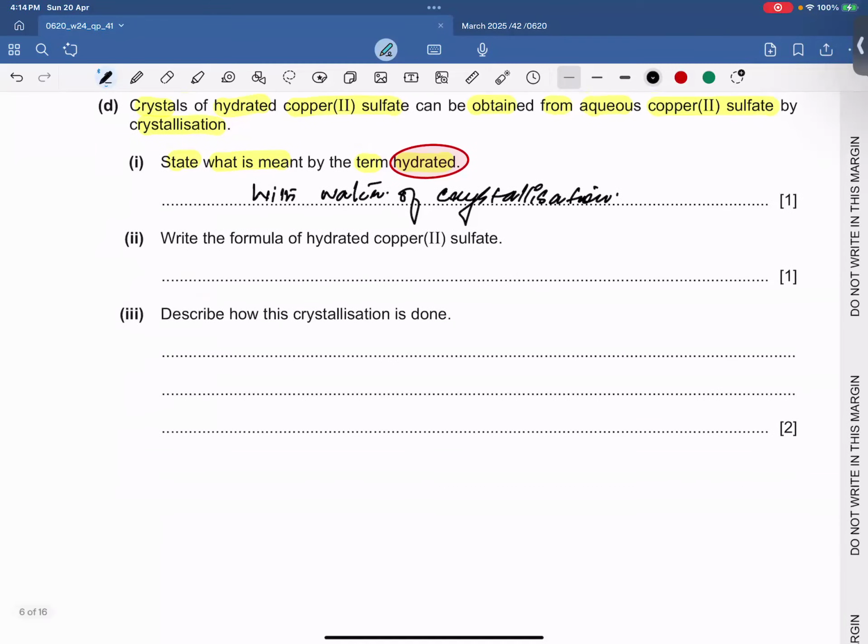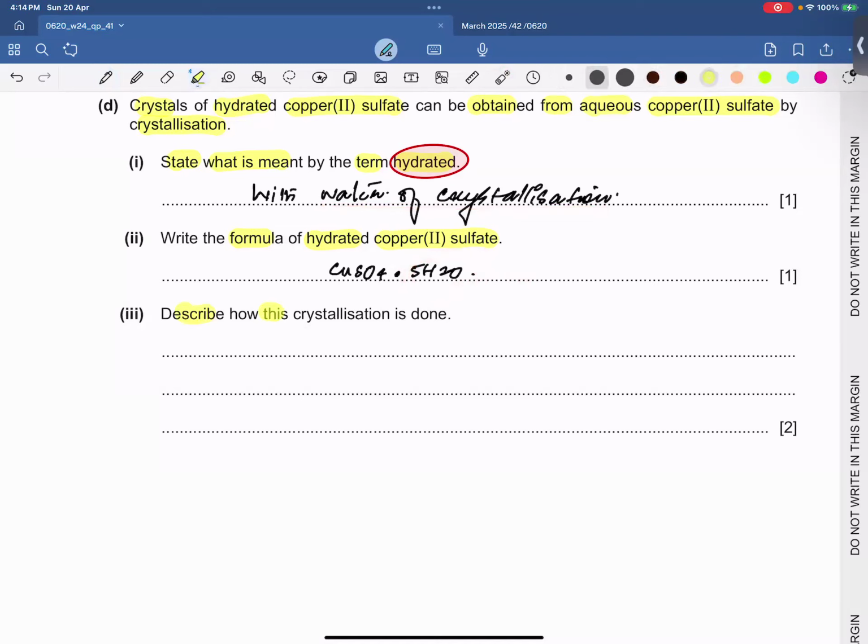Okay. Write the formula of hydrated copper sulfate. We have done that in class. It was CuSO4, if you remember, dot 5H2O. And that 5H2O is basically the water of crystallization.